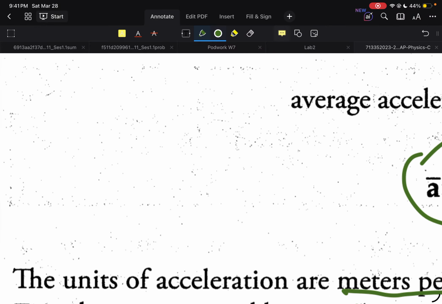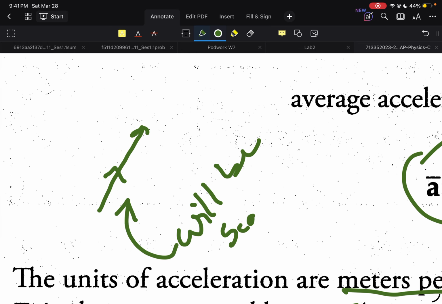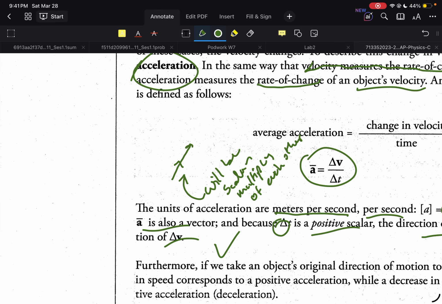That makes sense. So a and v will be scalar multiples of each other, so they will be parallel vectors, I think. No, they won't.